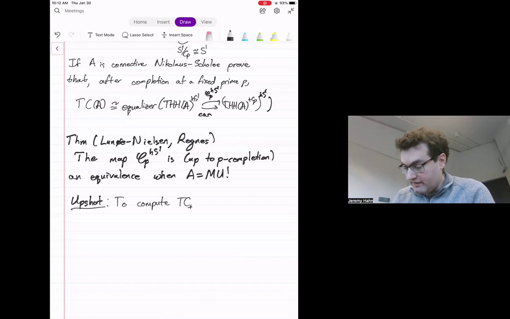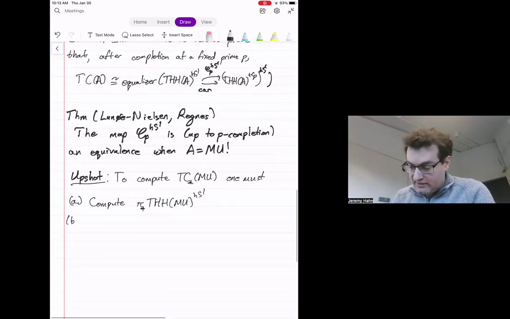So the upshot of all that is that to compute TC star of MU, one must accomplish two things. First, we have to compute the homotopy groups of the circle fixed points.